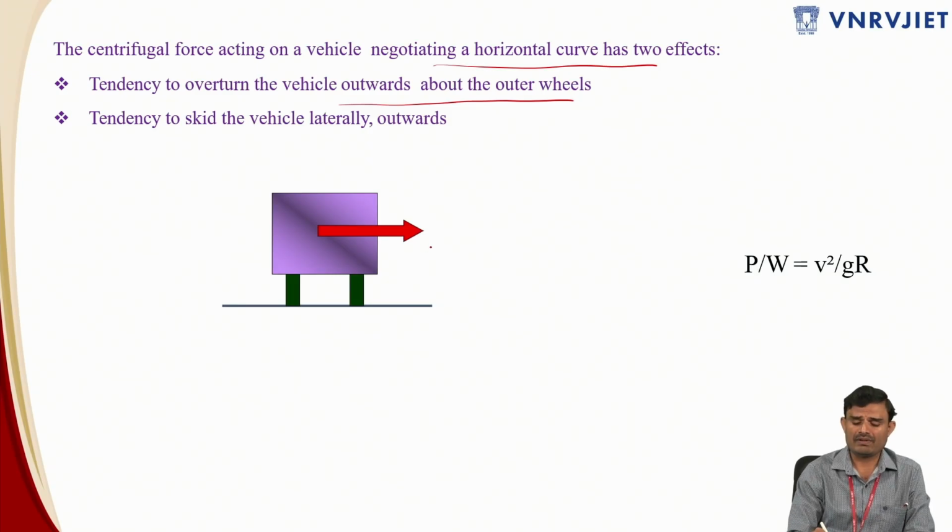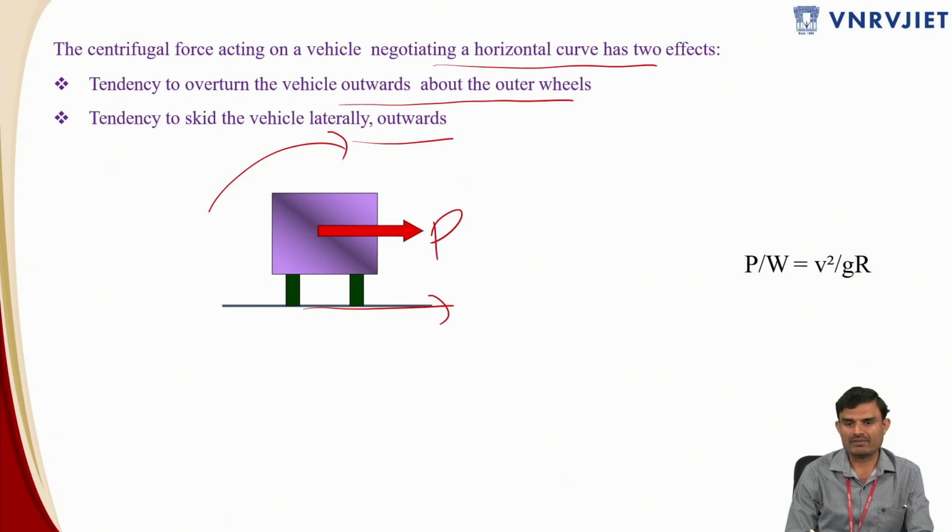The other is the tendency to skid the vehicle laterally outwards. So either it is going to skid the vehicle in the outward direction, or there might be chances that the vehicle may overturn in the outward direction. That is the effect of centrifugal force. Now we have to take some remedy measures in order to counteract both the effects. That is what we will be discussing in the subsequent slides.